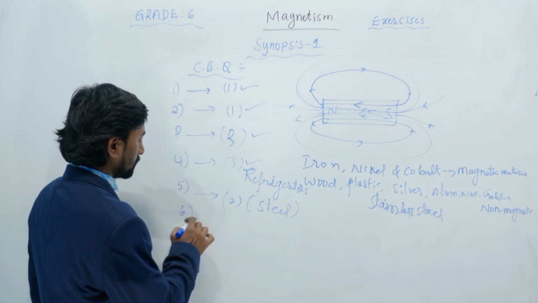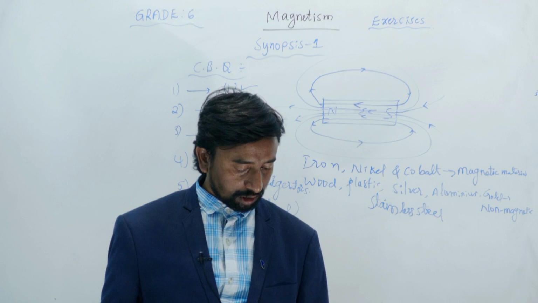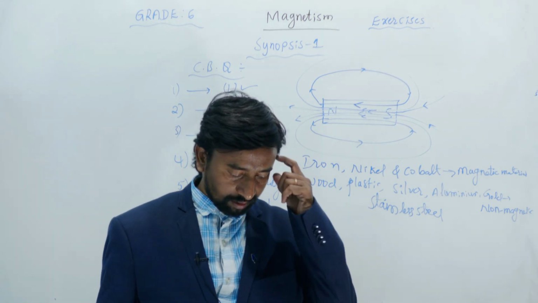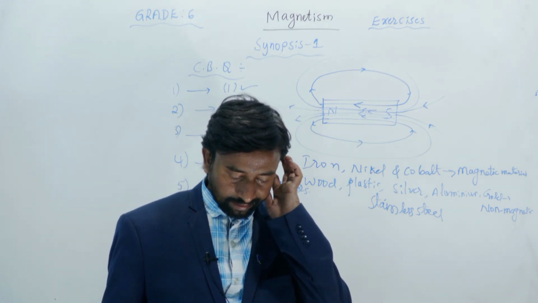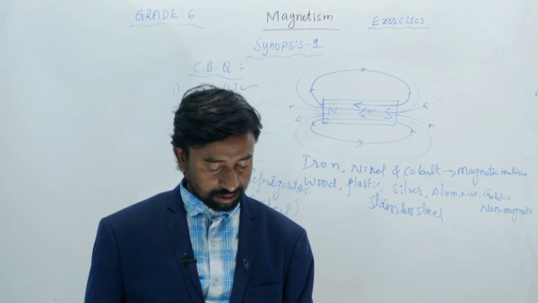And the sixth one here. In electric cranes, the substance used to prepare an electromagnet is soft iron, steel, zinc, or copper.